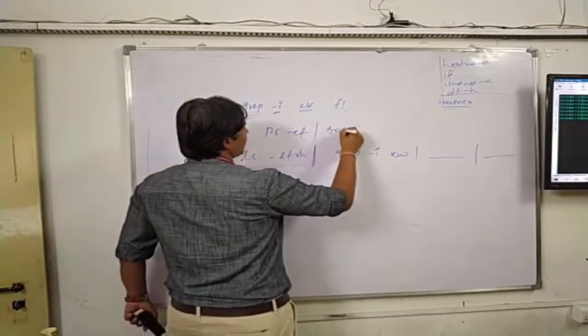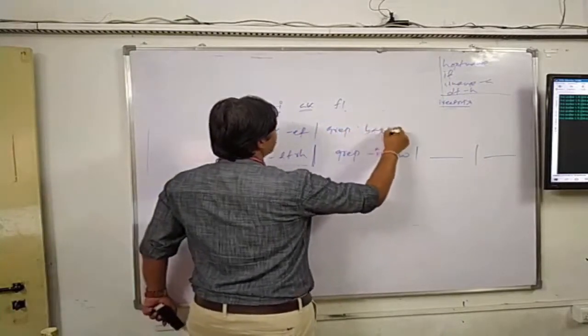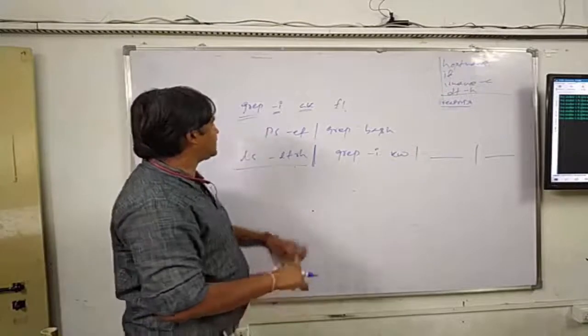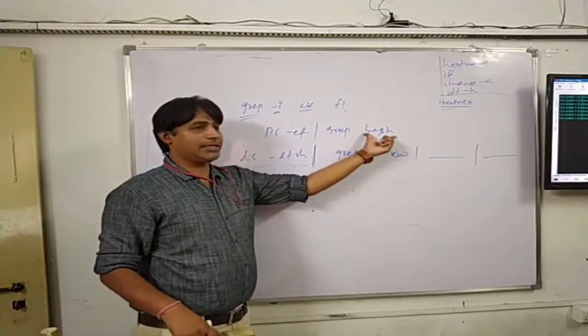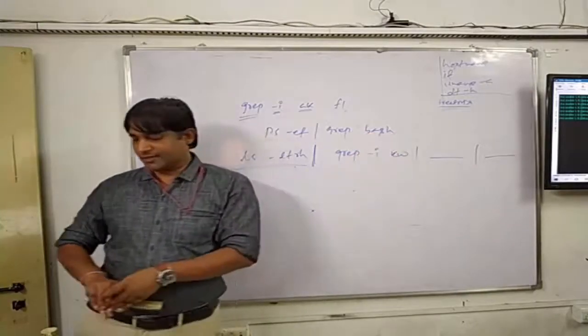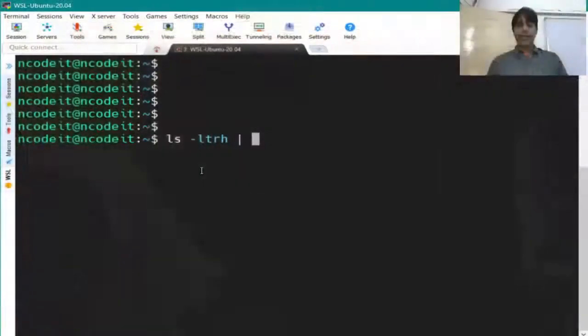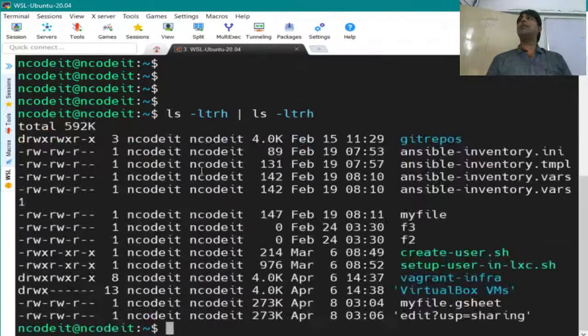ps -ef, grep for bash. I want all the lines in the output of this that have the bash keyword. Alright, for example, ls -ltr, let's say we have some files here which have the keyword Ansible.